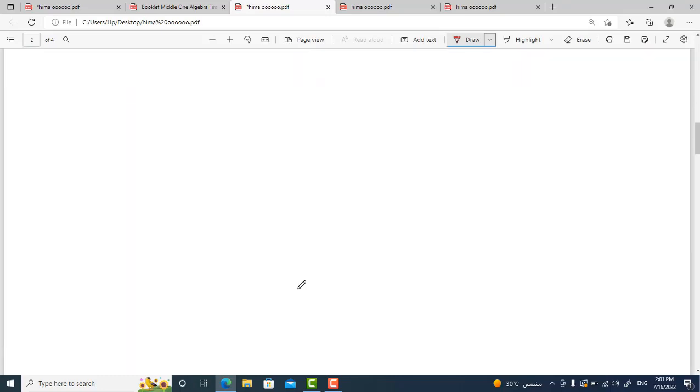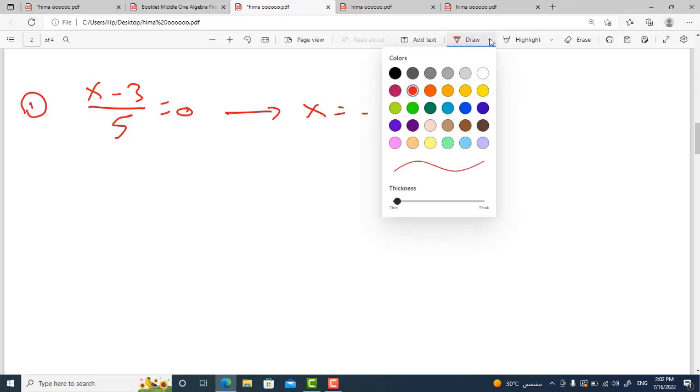So our exercise here, number 1: x minus 3 over 5 equals 0. So x equals what? It equals 0, so look at the numerator.